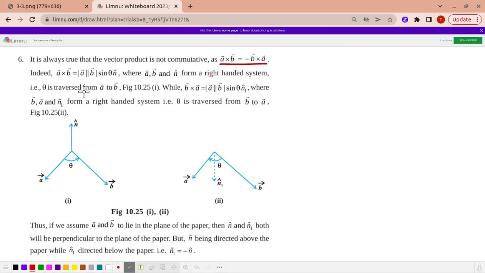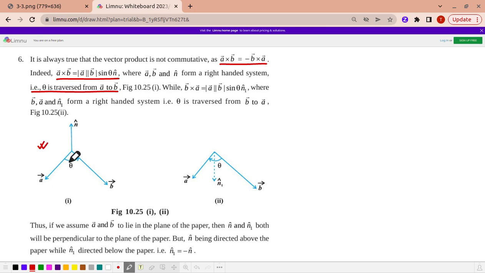We know from the definition of cross product that a cross b is equal to mod a into mod b into sin theta into n cap, where a, b and n cap form a right-handed system, and theta is traversed from a to b. That is well explained in this diagram.